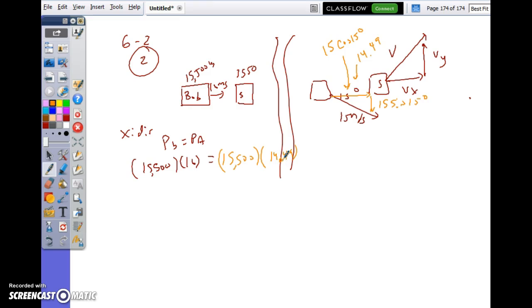And then you're going to add the stationary one. Plus, I'm going to add the 3,550 and its velocity in the x direction. Can I solve this? Yes. So let's solve it. So I get 15,500 times 16.